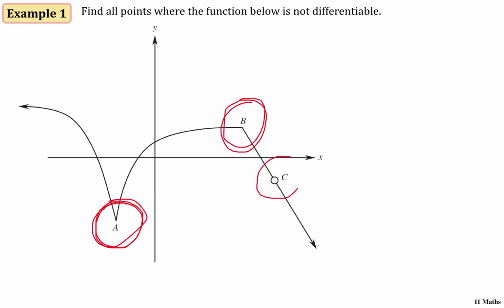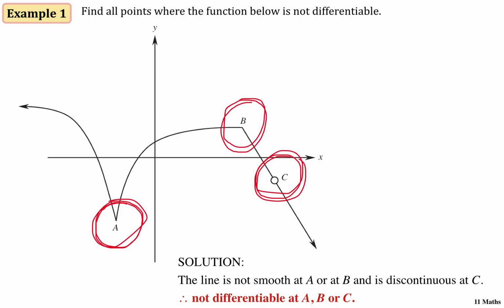And part C, can't differentiate there because there's a hole there. Nothing is at point C. So they are the 3 spots on that graph where you cannot find a derivative, so it is not differentiable. The line's not smooth at A or B, it's discontinuous at C, so we can't differentiate it at A, B, or at C.